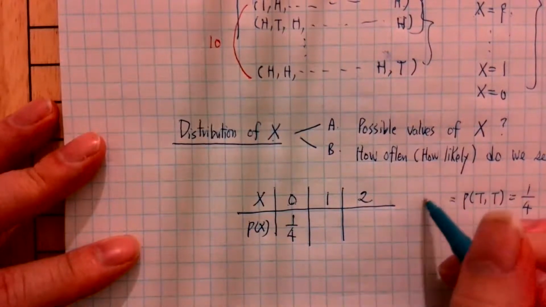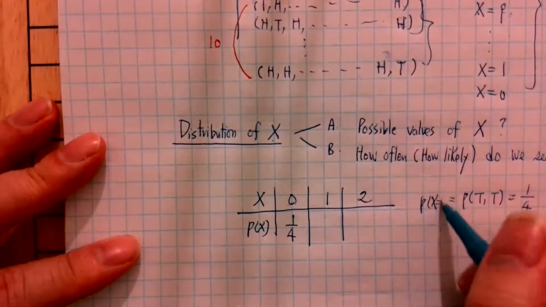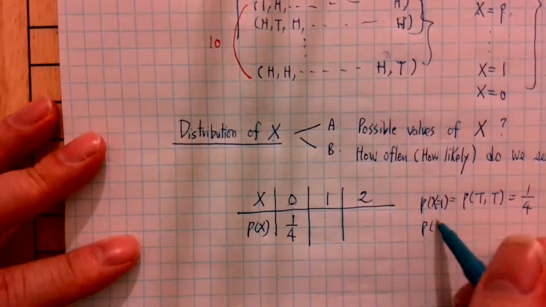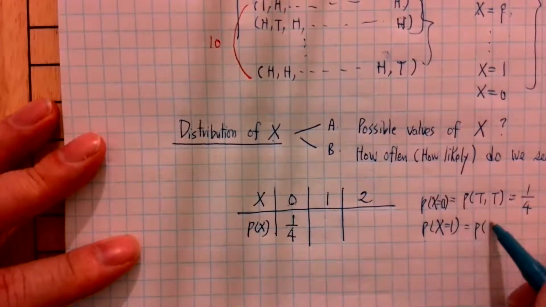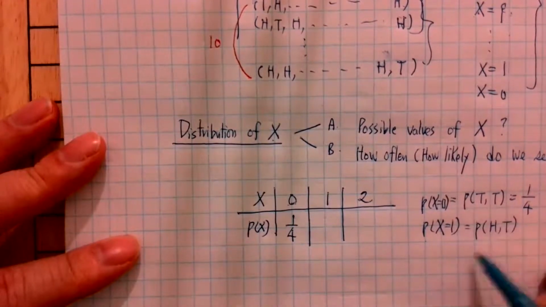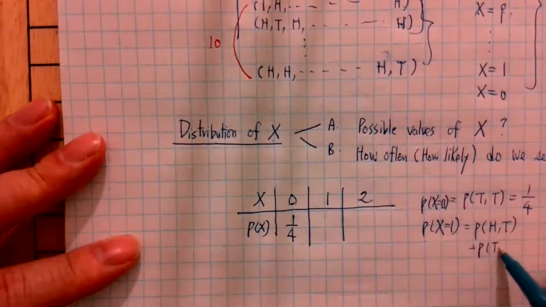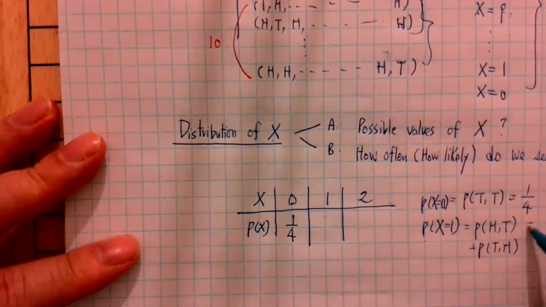And x equal to 1, that probability adds up to a 50% chance.